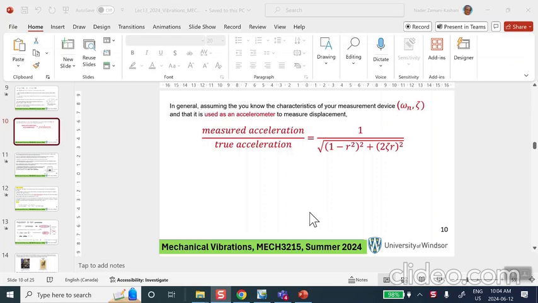In other words, if you know your omega n and zeta, and the measuring device is that rudimentary thing that I showed you with the casing that we're analyzing, and assuming it's used as an accelerometer, then we know that the measured acceleration or the true acceleration is given by the right-hand side. Now remember, that gadget does not give you directly the acceleration.